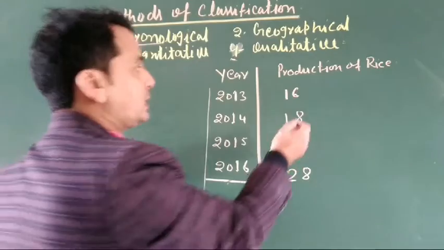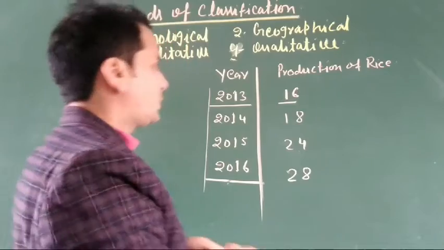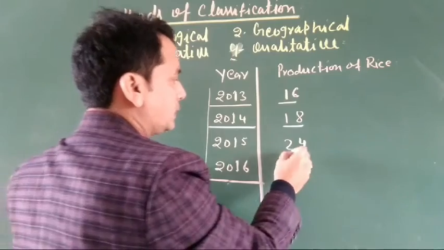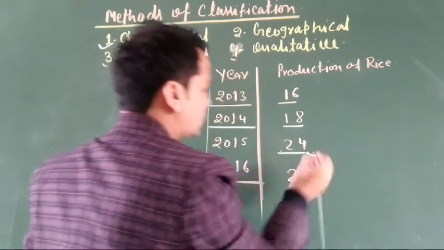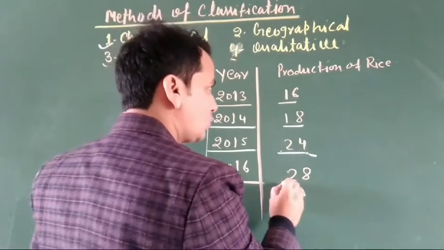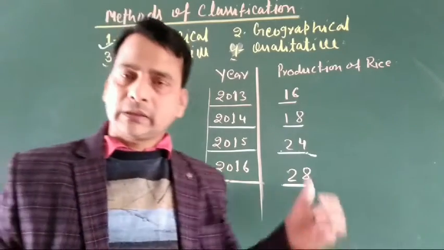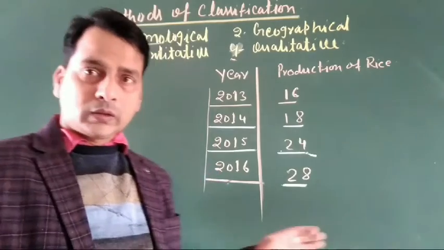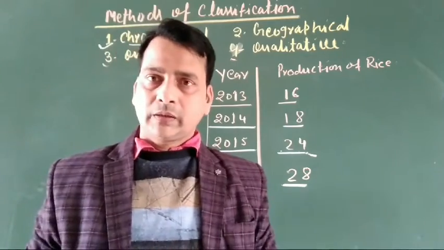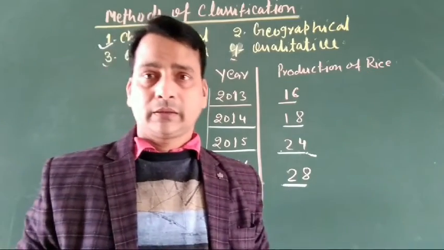Here the production of rice in 2013 is 16 tons, 18 tons in 2014, 24 tons in 2015, and 28 tons in 2016. This type of classification of data is called the chronological classification.